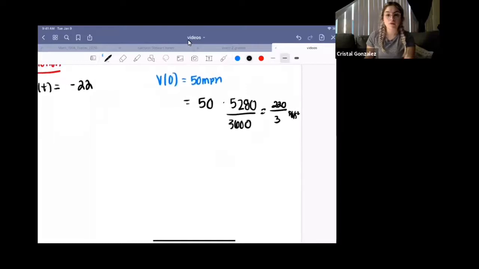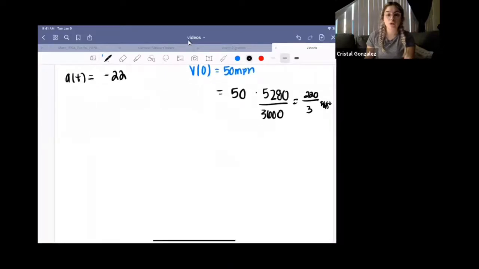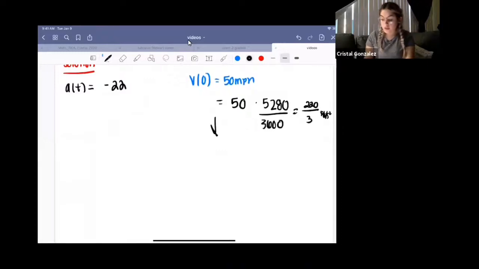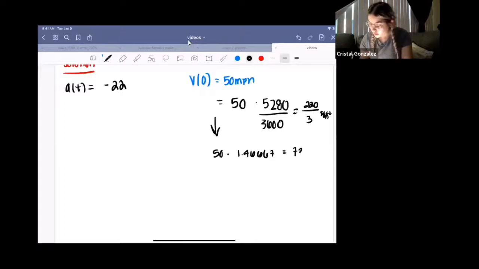Another way you could have done it is to look it up on the internet and get the decimal value. So you could have done 50 times 1.466 to go from miles per hour to feet per second, times 1.6667, and that's going to give us 73.335 feet per second.